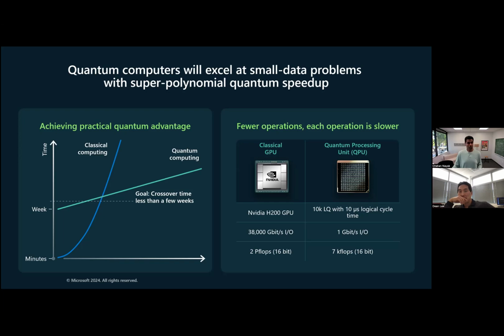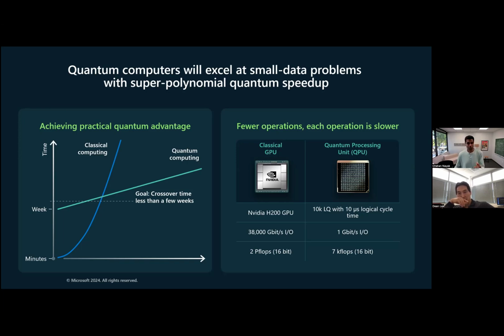Quantum processing units intrinsically are going to be slower and have greater bottlenecks. So, with 10,000 logical qubits, with a 10 microsecond logical cycle time, okay, so that's 100 kilohertz, well, the I/O is a gigabit per second. We're going to be able to do 10 kiloflops. So you can see the quantum computers are intrinsically going to have fewer operations and each operation is slower.